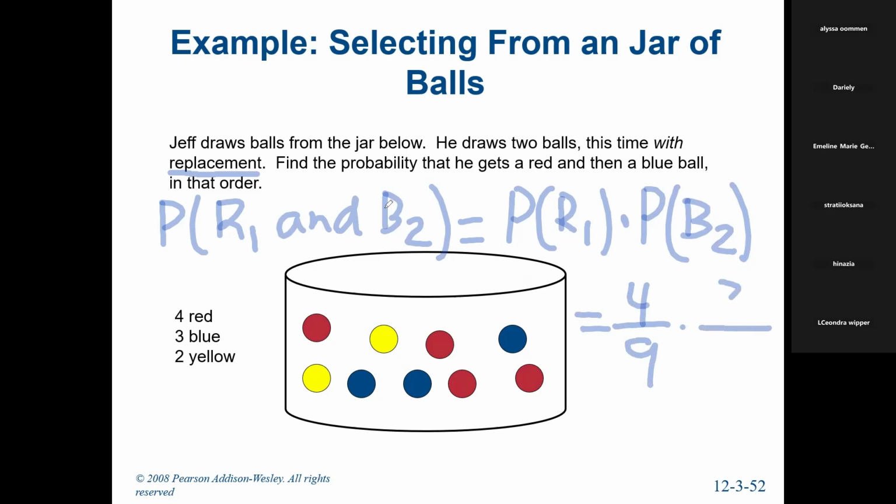You got 3 blue balls, but over 9, because you put the ball back, that's the difference. So here that would give you 4/27. So here the two events are independent.